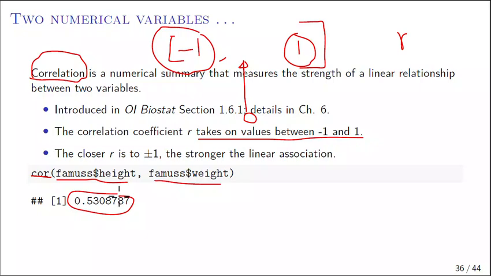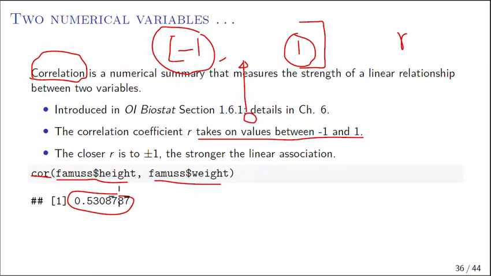Second, whether it's close to 1 or -1 or close to 0, or you can say the absolute value of this correlation is close to 0 or close to 1. If it's very close to 0, that means the strength of the linear relationship is not that strong. If it's close to 1, that means the strength of the relationship is very strong. Of course, if you get 1, that's the strongest, right?